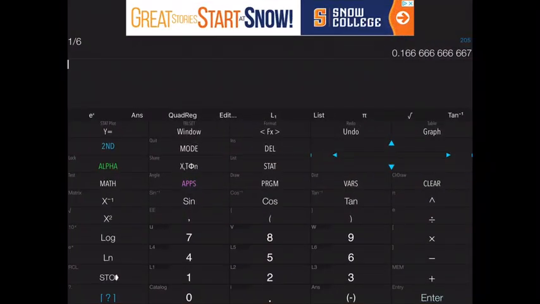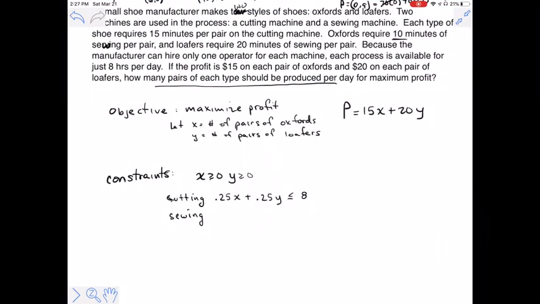You know what, I'm just going to leave that as a fraction, 1/6. And then 20 minutes of sewing for the loafers. So 20 out of 60 is 1/3. Again, that's going to be a nasty decimal, so I'm just going to leave that as 1/3. And then the sewing machine is also only available for 8 hours a day.